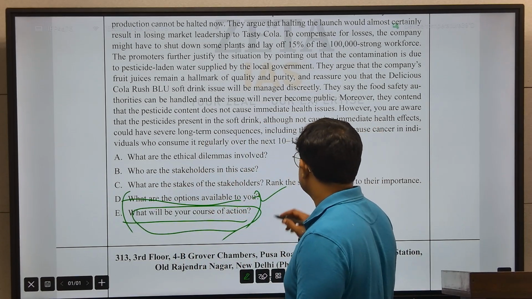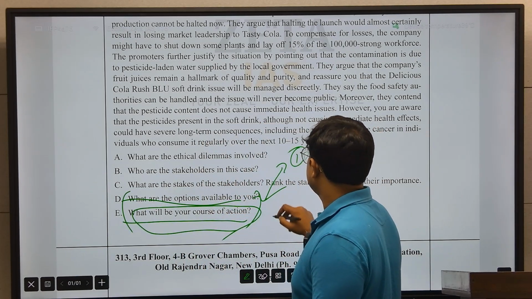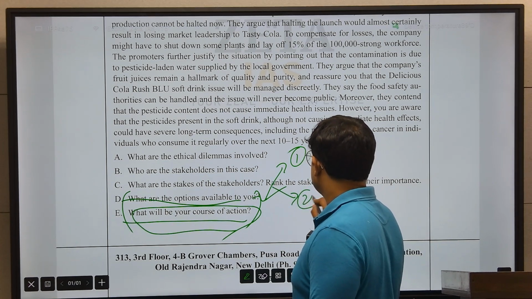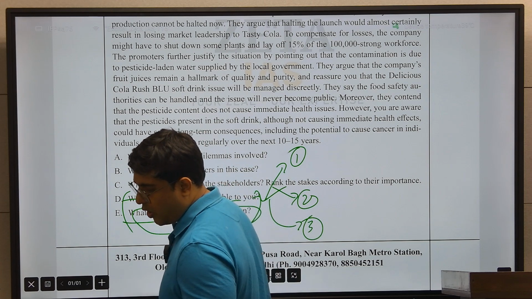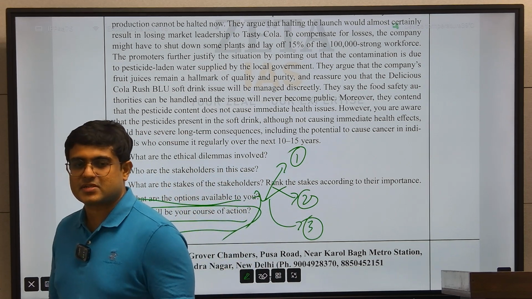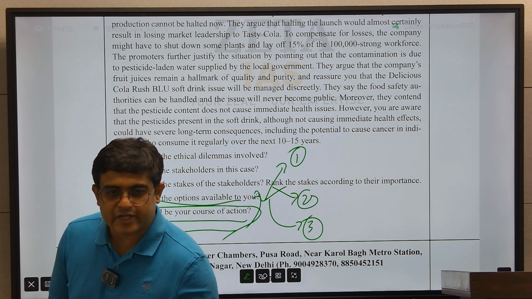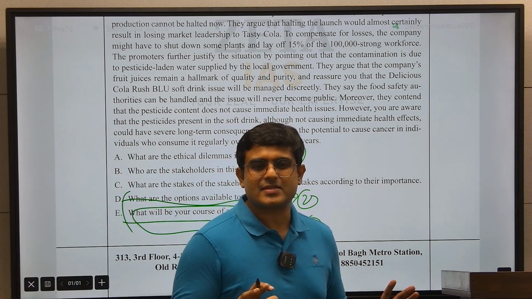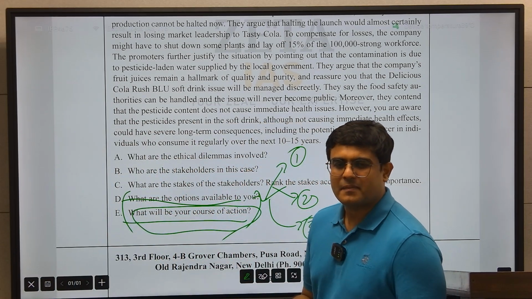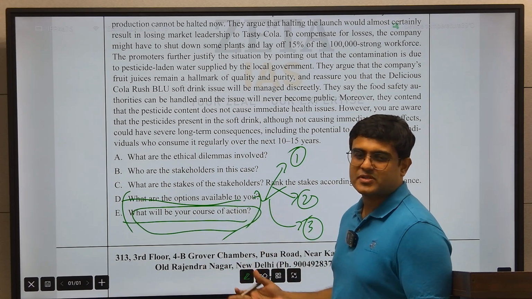So options can be: write the obvious simple option at the end, the obvious negative option at the end, like I will launch the product. Don't write it at the start. Yes, that is an option, but it is obvious. That is an option for everyone.